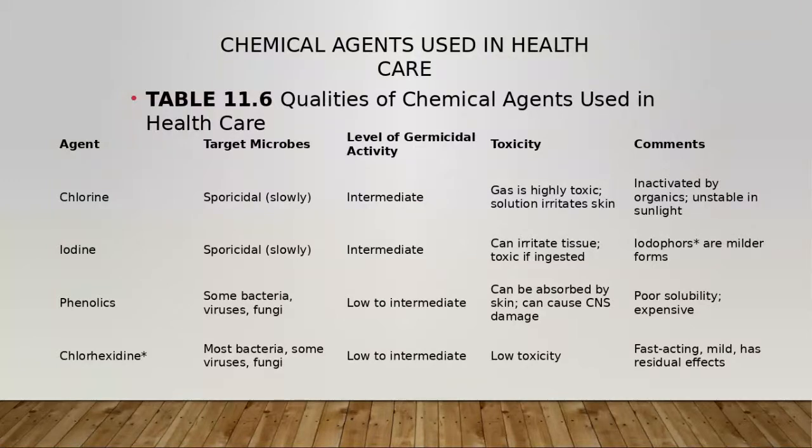These are some agents used for cleaning or controlling microbial growth. Chlorine, for example, many of which are sporicidal, can be used to destroy many types of microbes. This is intermediate level.